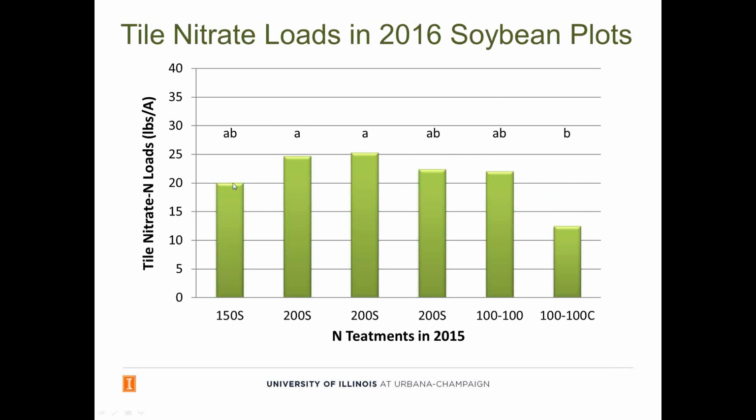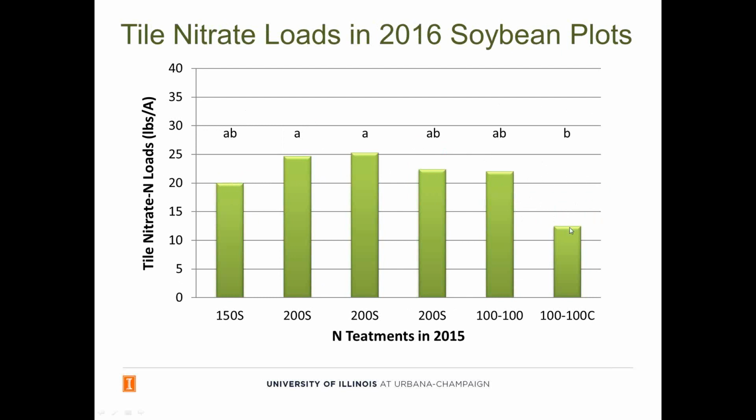Now you can see we're starting to see the effect of a lower N rate that came the year before. Well, that's interesting. That's down a little bit. Here we got some significant differences because the tile load was reduced by 40% by the cereal rye, and that was enough to give us a significant difference.